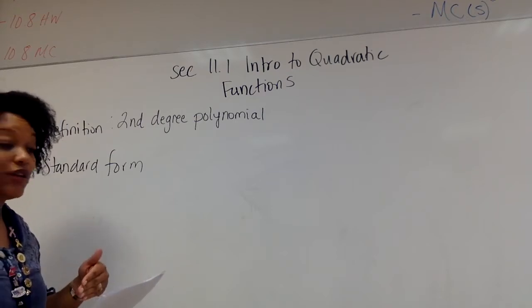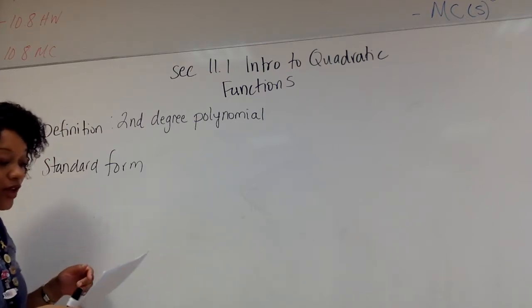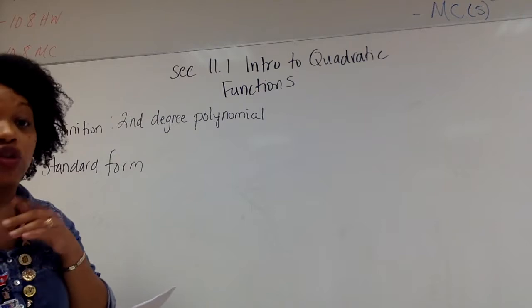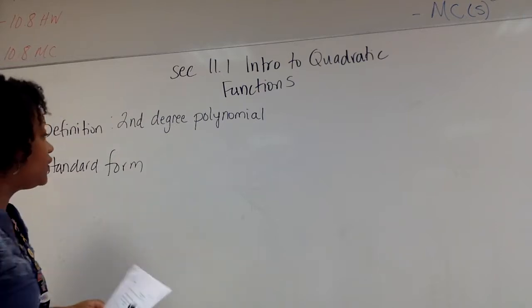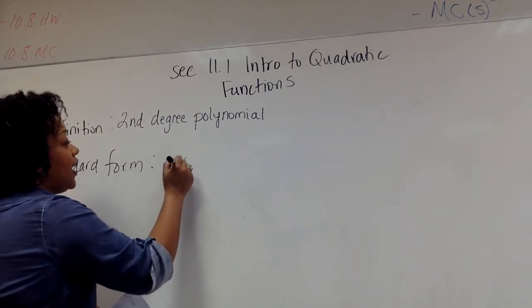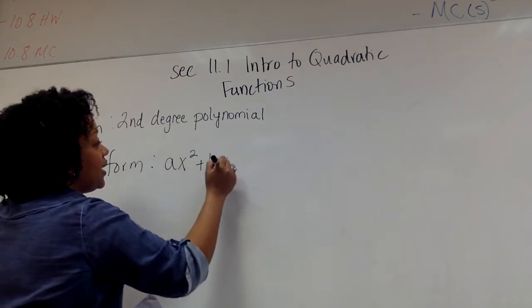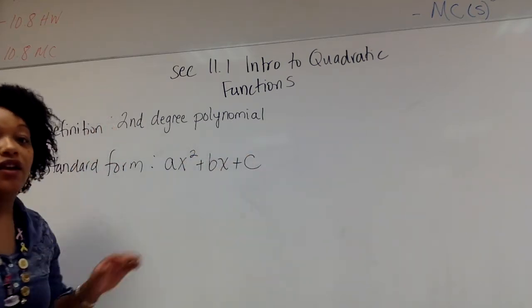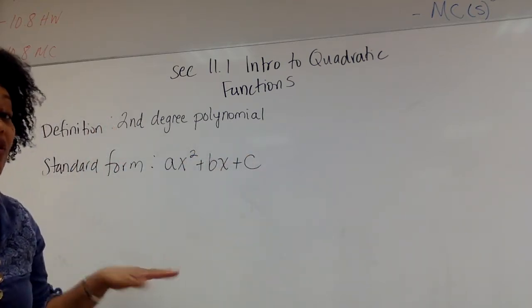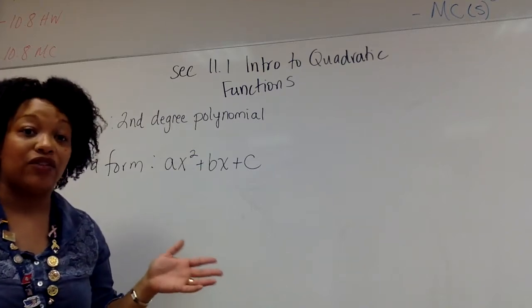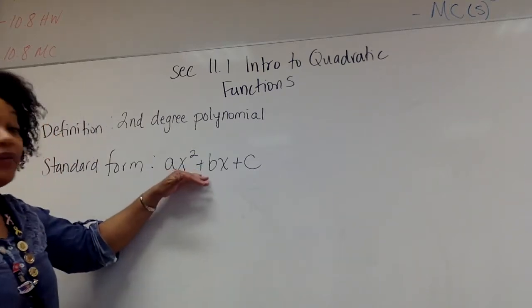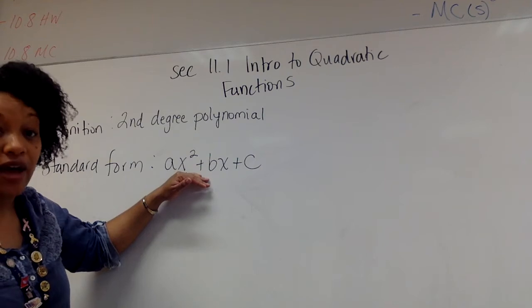Now, your next sentence on your notes, a quadratic function is always written, or should always be written, in the standard form ax squared plus bx plus c. Now, you've seen this before as well, because when I showed you how to factor in the last unit, it had to be in this form for you to set up your X box.